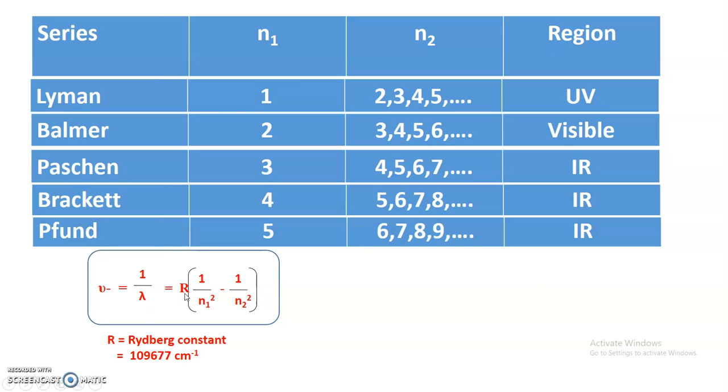It is equal to R, where R is the Rydberg constant. Its value is 109677 per centimeter. So nu bar equals R into 1 upon n1 square minus 1 upon n2 square. This equation is important. This is the Rydberg equation, and by using it we can find out the wave number.